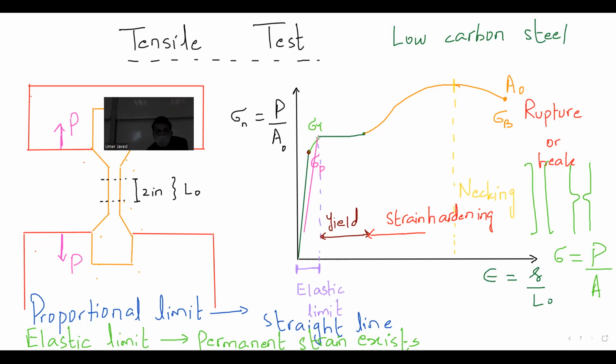If I remove the load, I will actually come back like this. You see, a permanent strain exists even if I remove the load. That's why I said permanent strain exists. Elastic limit or yield point.